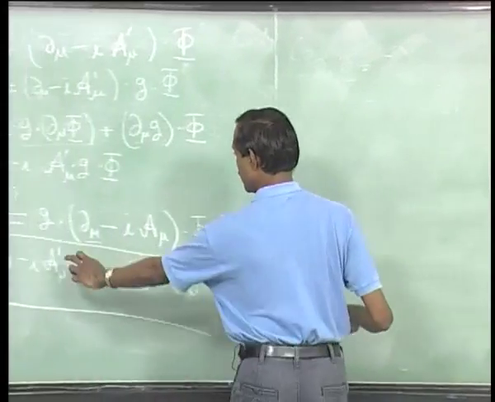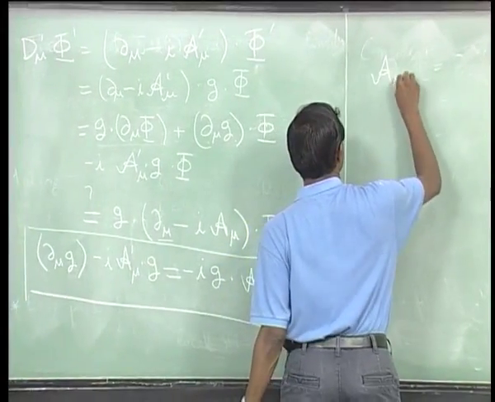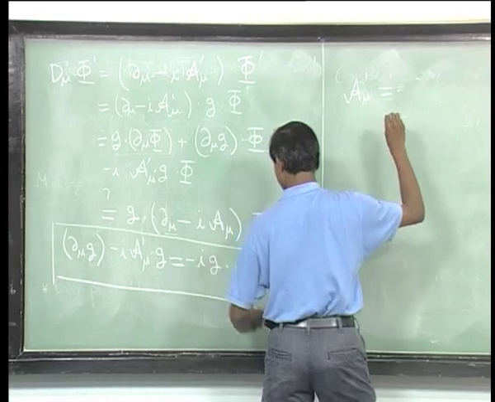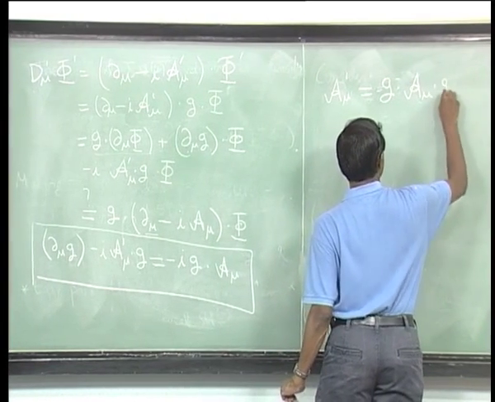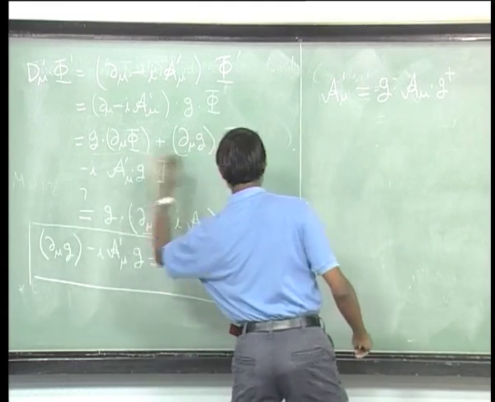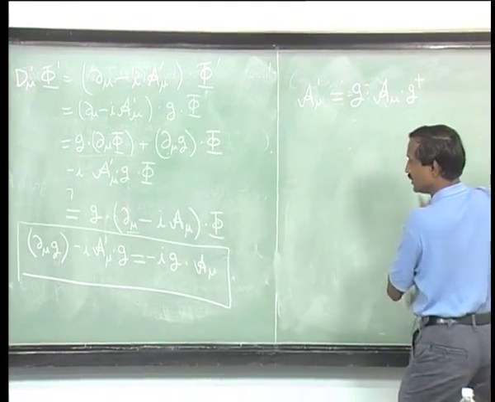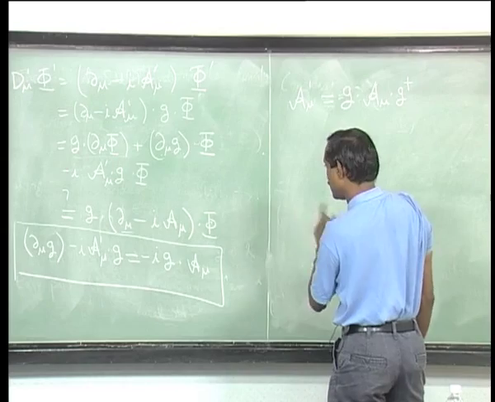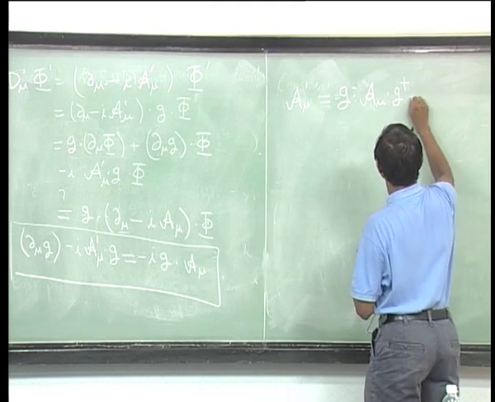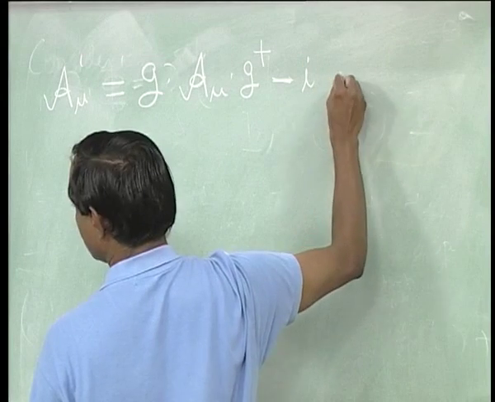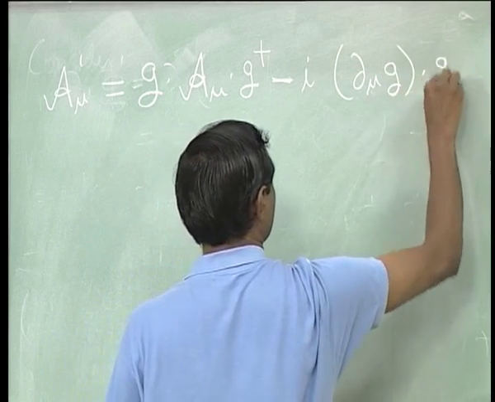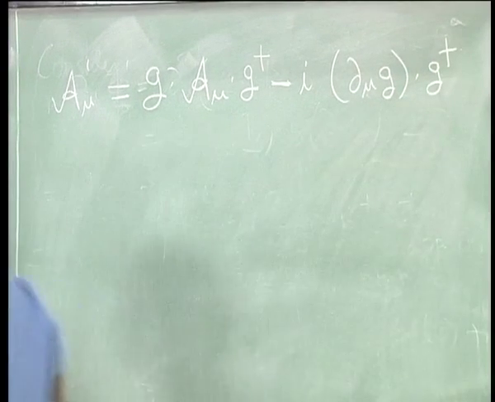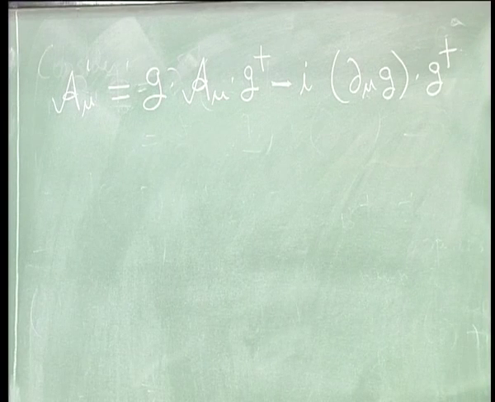What we get from that is A mu prime will be equal to g A mu g dagger, and this will come to the other side, and I needed to multiply with an I. This is how it should transform.